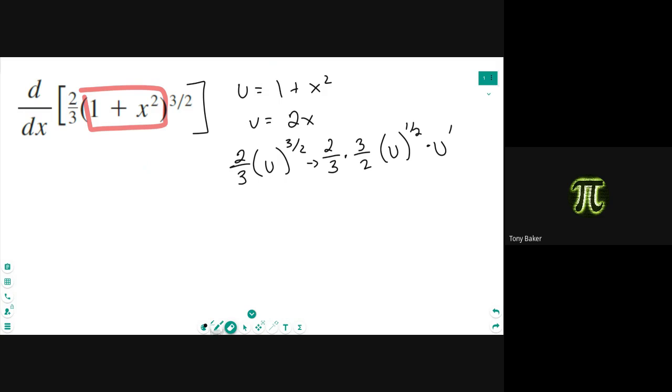Actually, d prime. So then we've got 1 plus x squared to the 1/2 times 2x. Correct? That makes sense? I said, does that make sense?